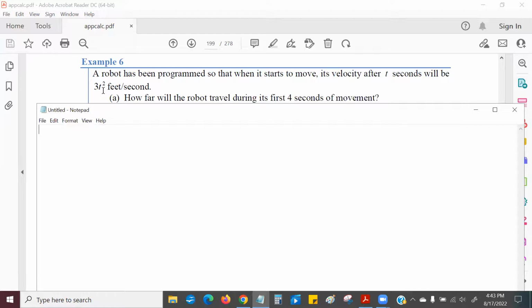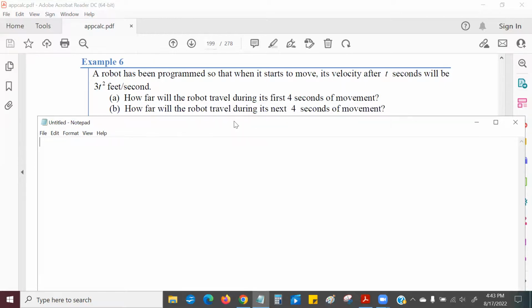It keeps on changing, and in this case, it's actually increasing its velocity as it goes. So you can't just say distance equals rate times time, because there is no one constant rate during those 4 seconds. It's constantly going at a different rate. That's why we need calculus altogether.